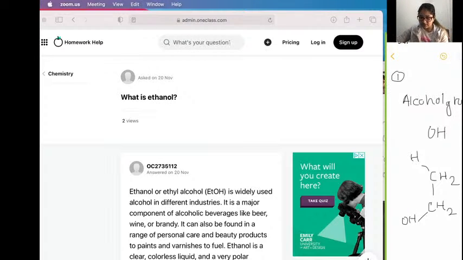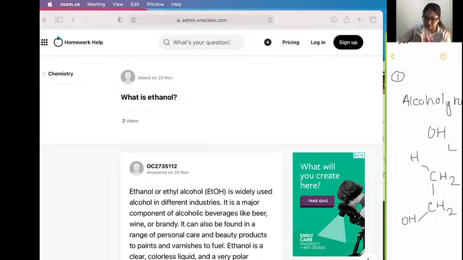So basically it has two carbons, and it has an alcohol group on any of the carbons. So this is how we draw a chemical structure formula for ethanol.